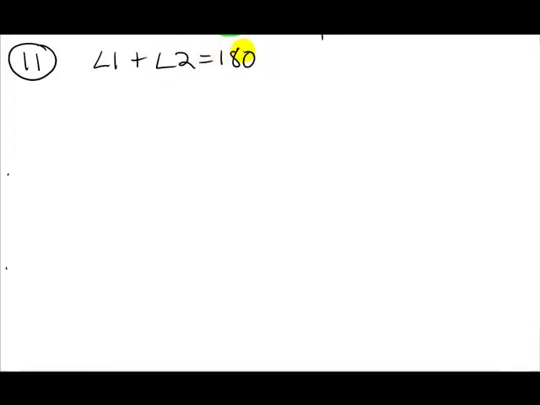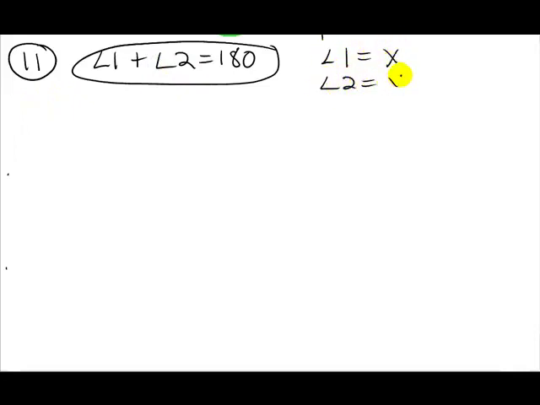That's the basic equation, but we don't want to use angle 1 and angle 2. We want to use x and y. So we're going to say angle 1 equals x and angle 2 equals y. So this gives us x plus y equals 180.